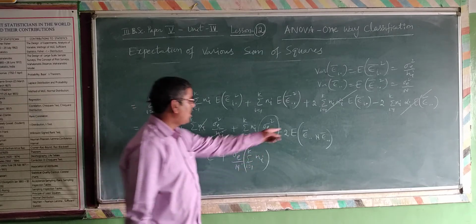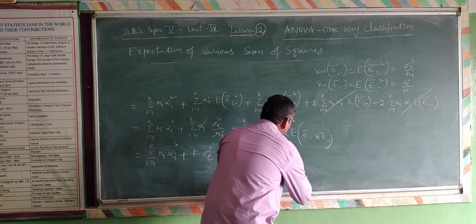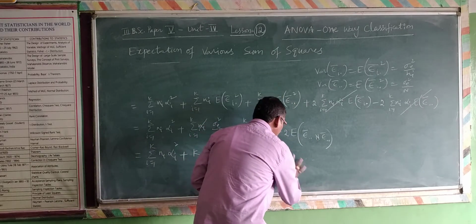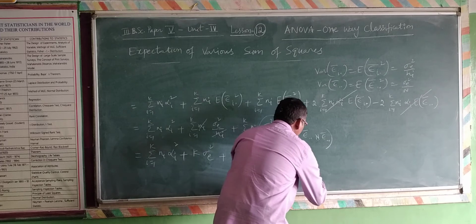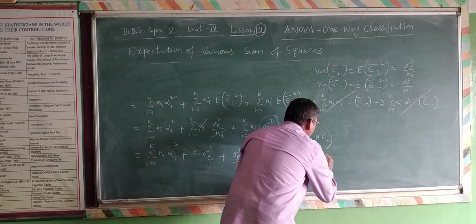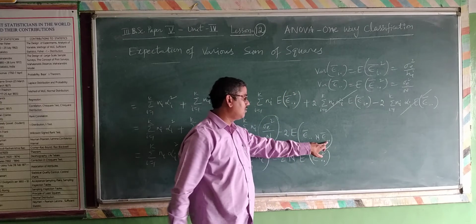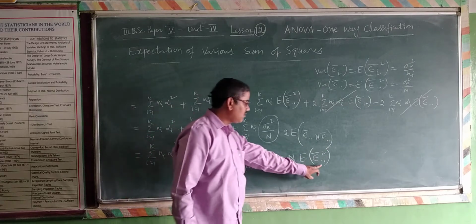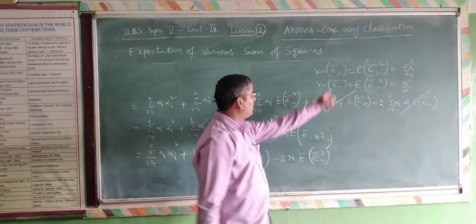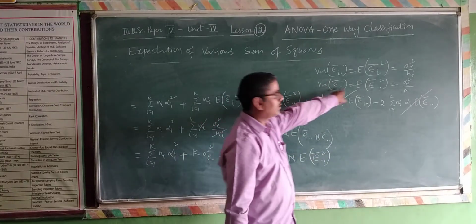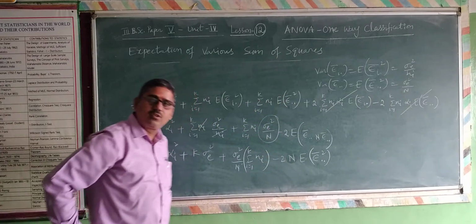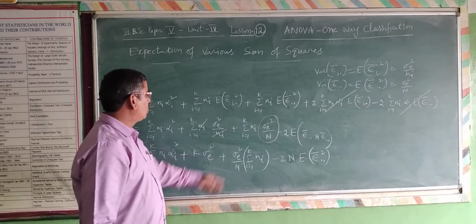Capital N. And this is minus 2 into the expectation of N into, N is a constant, I am taking it outside the expectation, N multiplied by the expectation of epsilon bar dot dot square. What is the expectation of epsilon bar dot dot square? It is the variance of epsilon bar dot dot. It is sigma square E divided by capital N. I replace it in the next step. Do you understand this?